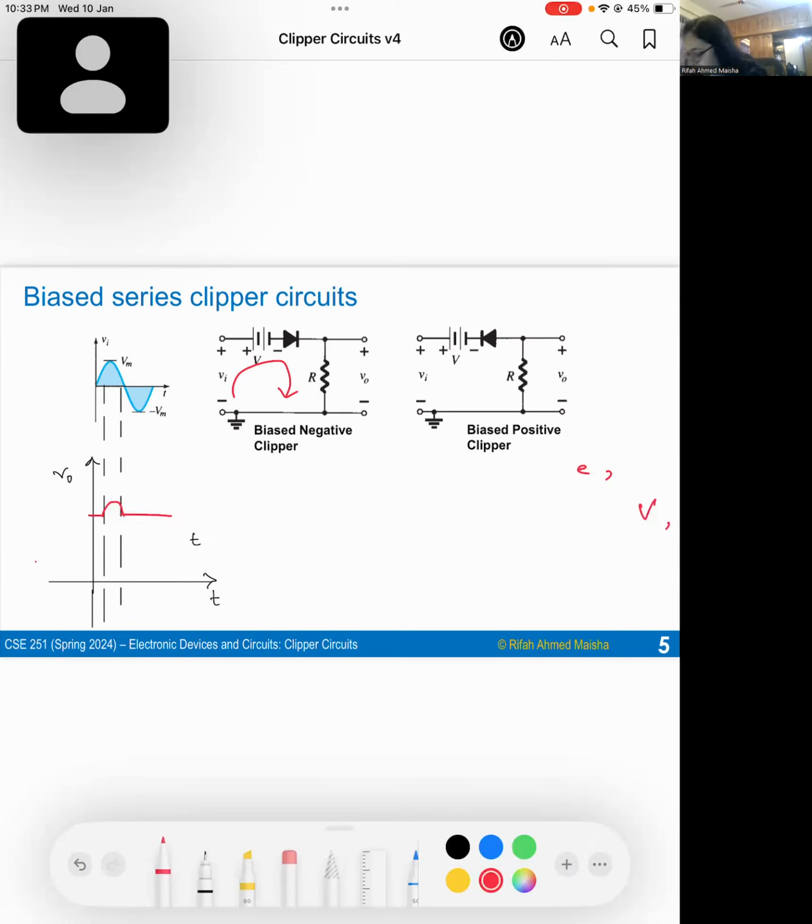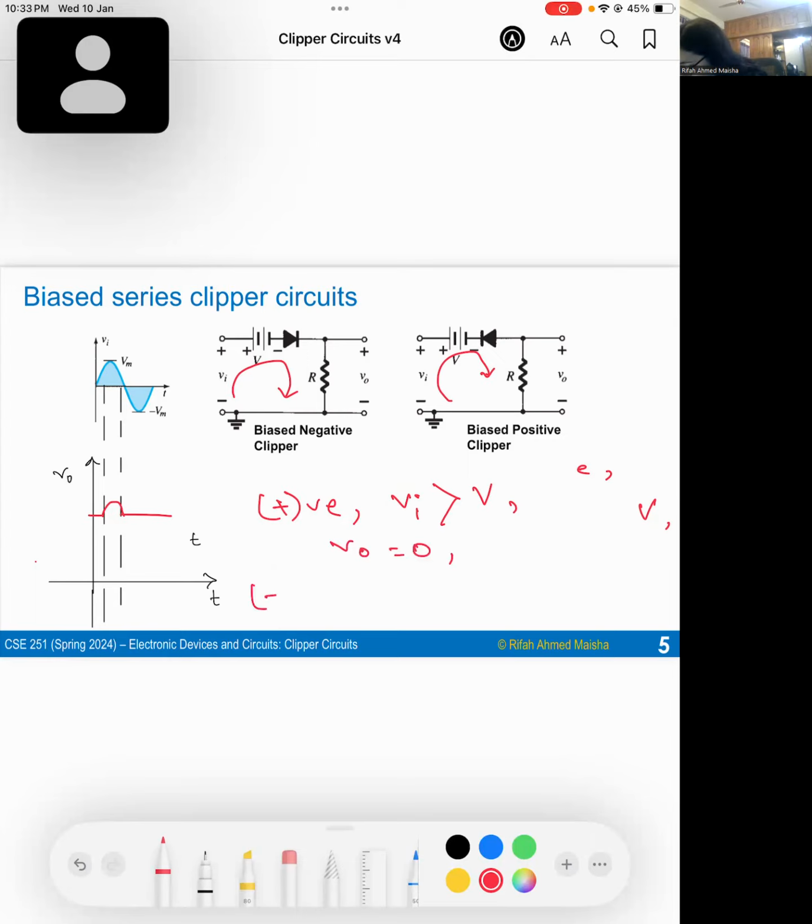For figure 2, during the positive half cycle, when input voltage is greater than the bias voltage, the diode is open circuit and output voltage is equal to 0.